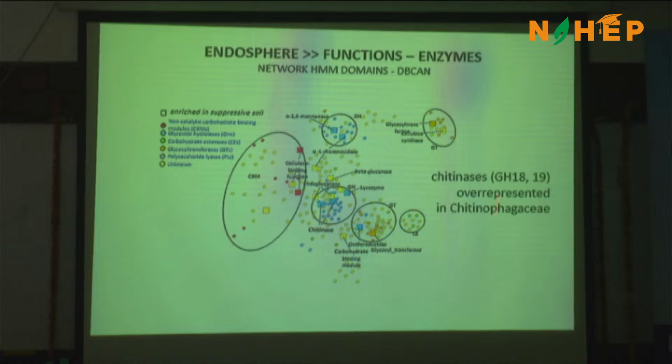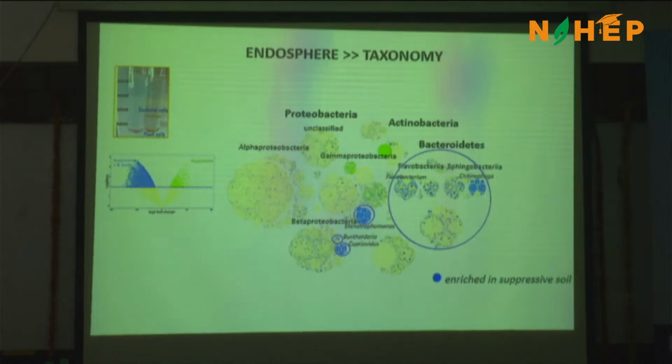Good. You also saw this before. I showed you the annotation tools. So this is the way that we look for the functional genes that could be involved in this disease suppression. As I showed you, mainly we had Bacteroidetes that were highly abundant in this system.